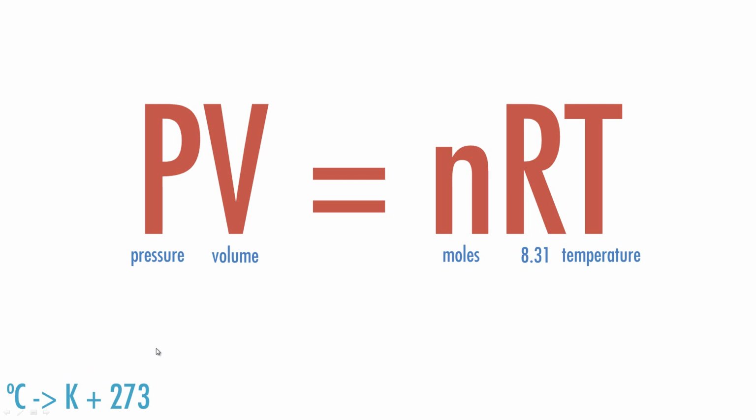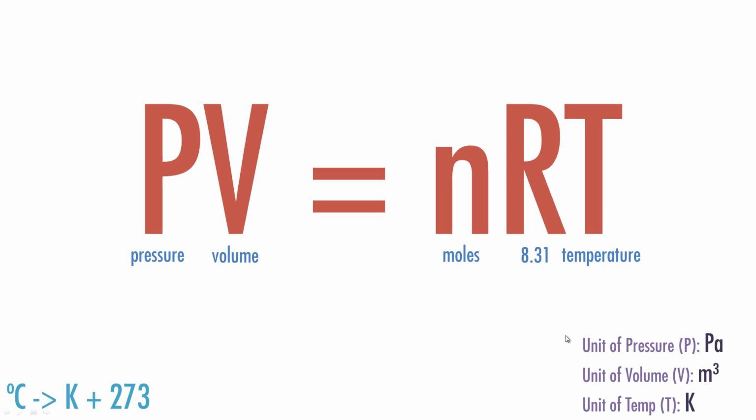You see 298 Kelvin a lot, since that's the standard temperature for reactions, I think. And the units for this are: for pressure it's pascals, Pa, volume is meters cubed, and temperature is Kelvin. Now make sure you remember this one, since it's meters cubed. It will be different for the other ones.